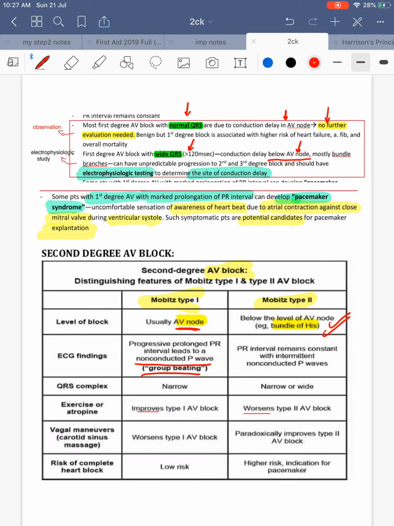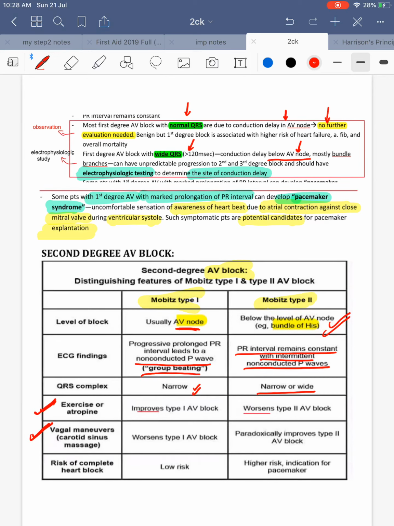Whereas in case of Mobitz type 2, the PR interval remains constant with intermittent non-conducting P waves that we already discussed. The QRS complex in case of Mobitz type 1 is usually narrow, whereas in Mobitz type 2 it is narrow or wide. These are the few important points which we need to emphasize.